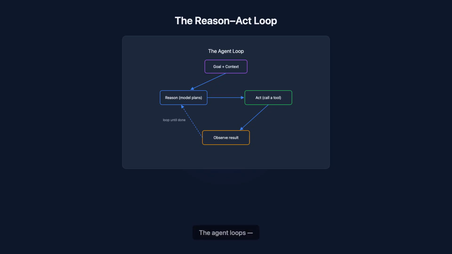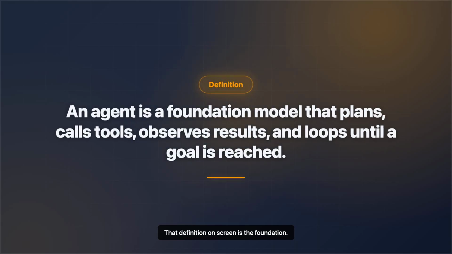The agent loops: reason, act, observe, reason again, until the goal is done. People sometimes call this the ReAct pattern, reason plus act. This loop is exactly why agents can adapt to what a tool returns, and exactly why each pass can trigger a real-world side effect. That definition on screen is the foundation.